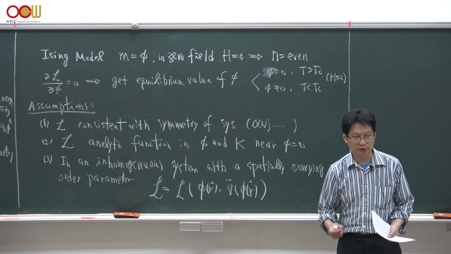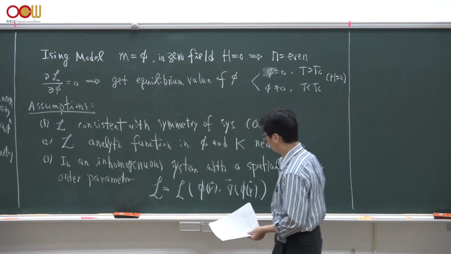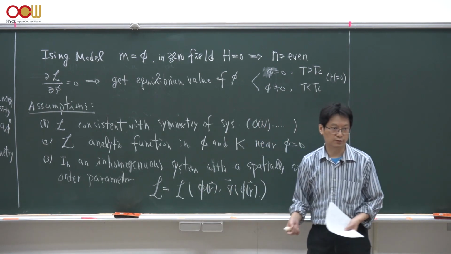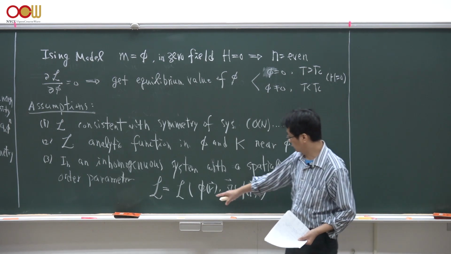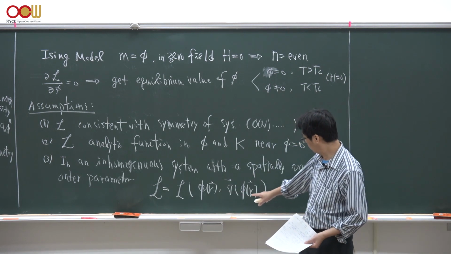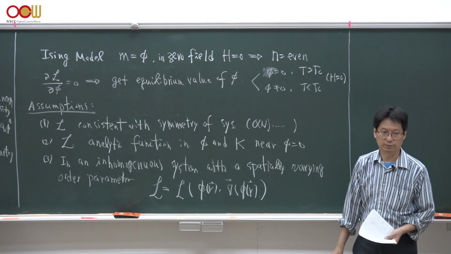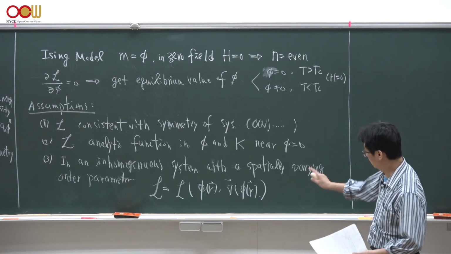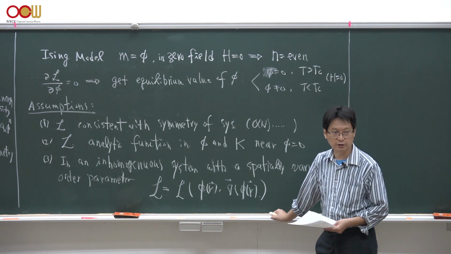In such an inhomogeneous system, in general, the Landau's free energy density is also a function of spatial degrees of freedom. Namely, the order parameter is a function of the position vector r and also a function of the gradient of this order parameter. Okay, so we will derive the spatially inhomogeneous Landau's free energy density later.